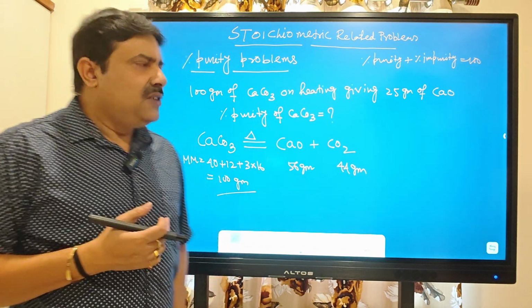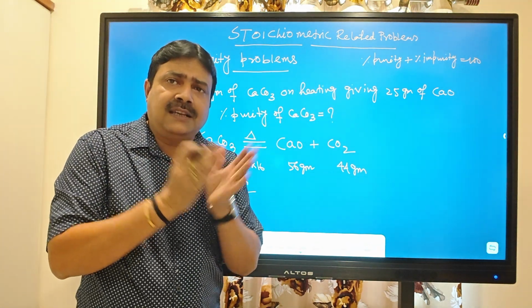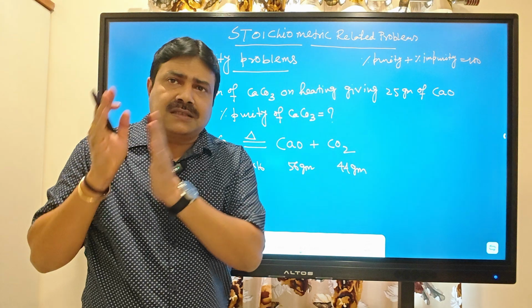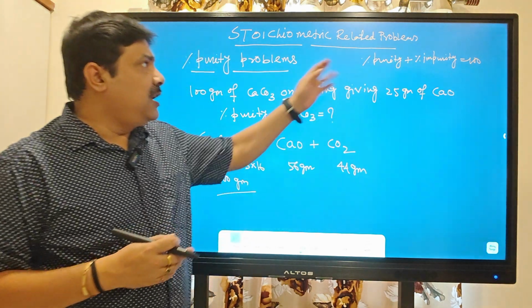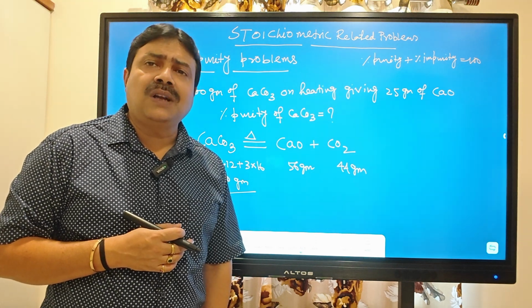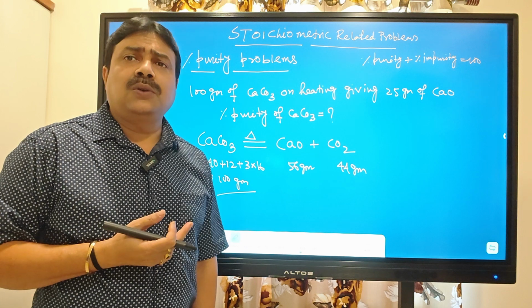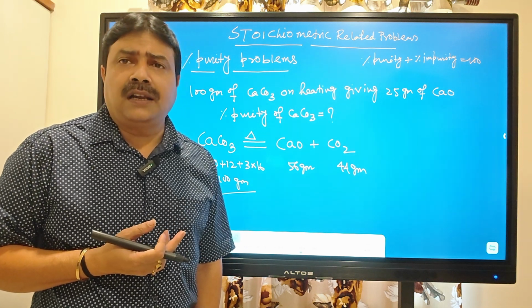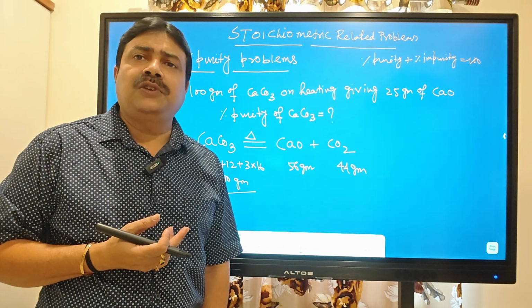Yes or no? Now the same way, if you add both percentages, Ram's percentage plus Sam's percentage of apples, that will give you what? 100. Same way, percentage of purity plus percentage of impurity will be equal to 100. Because total in terms of percentage, summed up, will always be 100. And in terms of a fraction, the total fraction if you add will always be 1.